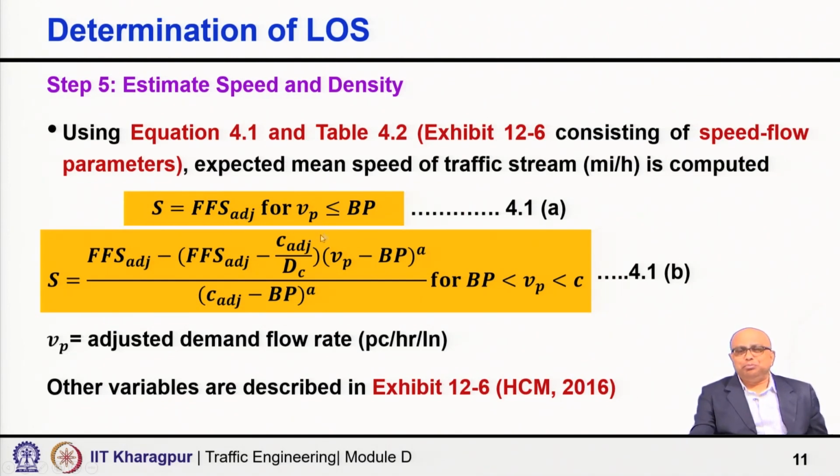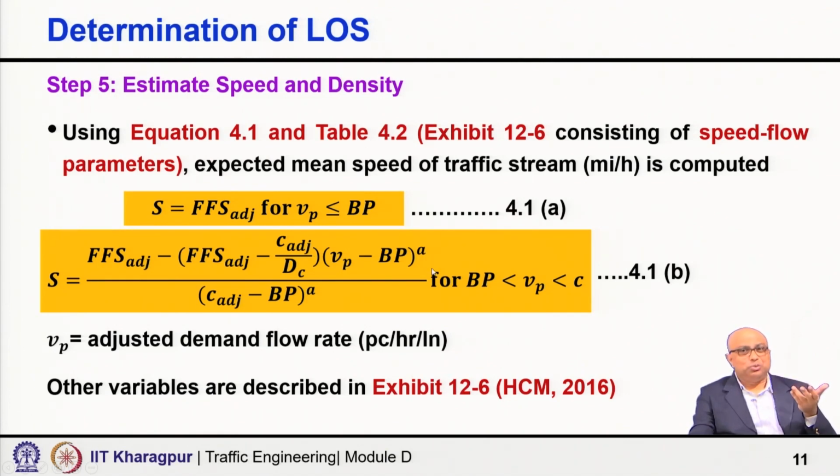Between the break point and the capacity, the curve follows a parabola, and there all these equations can be used. What the value of A could be for multi-lane highways and for freeways is given in table 4.2.